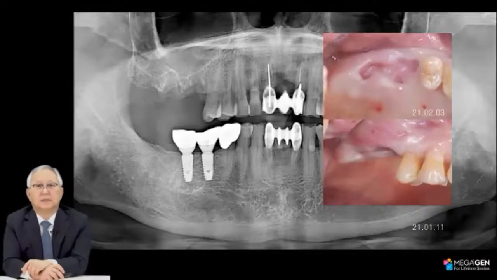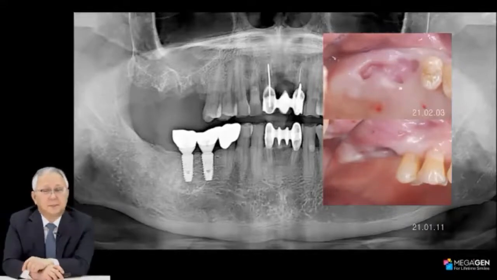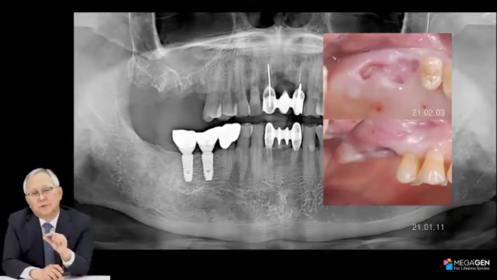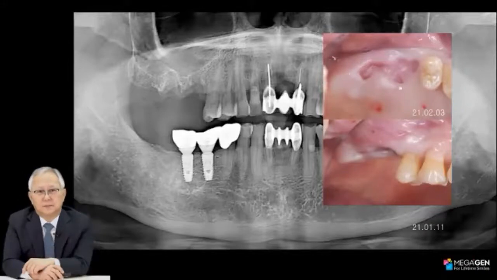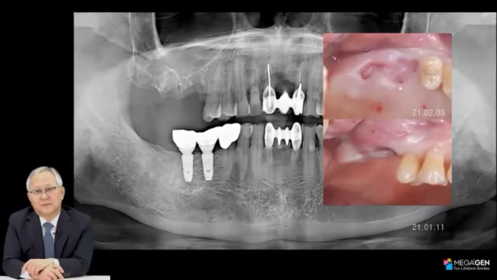This is just before implant surgery. You see how many millimeters of available bone we have there? It's about 4 to 5 millimeters. I hope you can try this kind of case the first time. 4 or 5 millimeters of available bone is a good candidate.